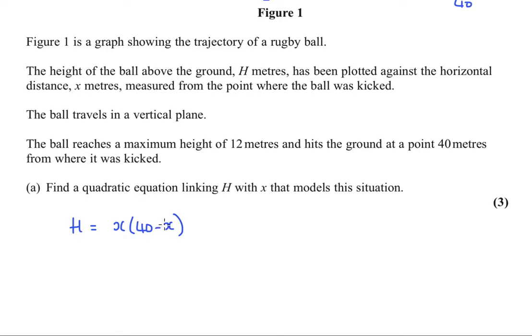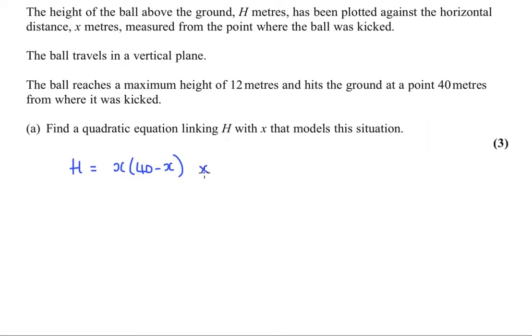We need to make sure that we're going to probably have some sort of scaling value. So I'm going to times it by, say, k. And I'm going to work out what that k value is, given the fact that when x is 20, h is 12. That's going to allow us to work out this k.